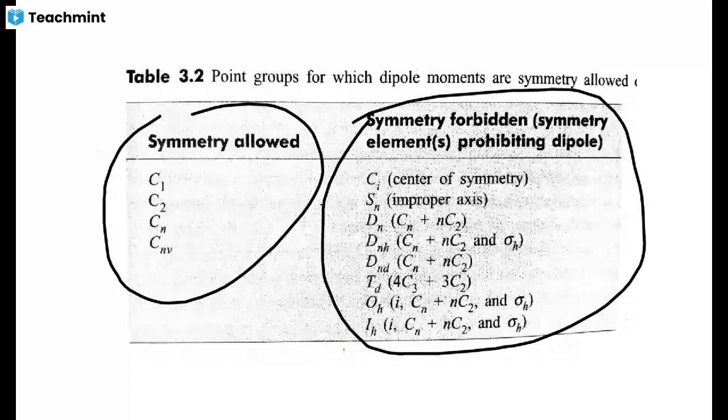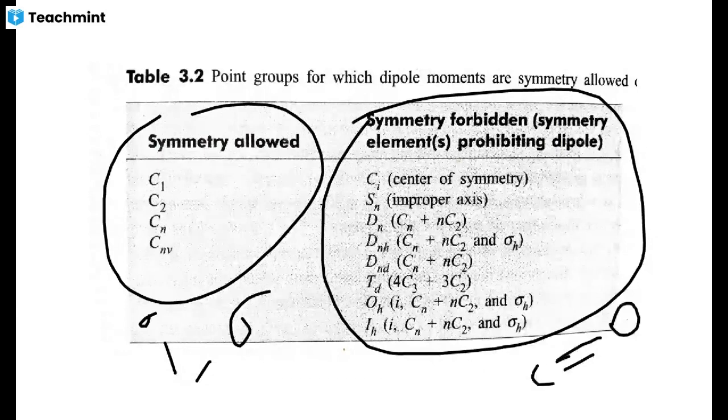For the dipole moment also, you don't need to memorize these groups, just see, as in the previous class, whether it contains a center of symmetry or a mirror plane. If it contains a mirror plane, there is no dipole moment perpendicular to it.